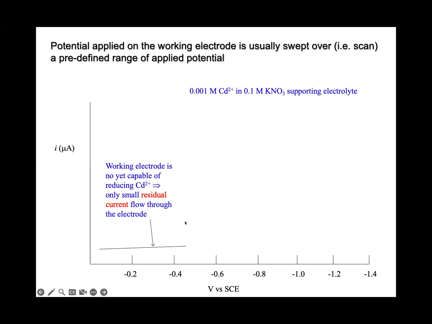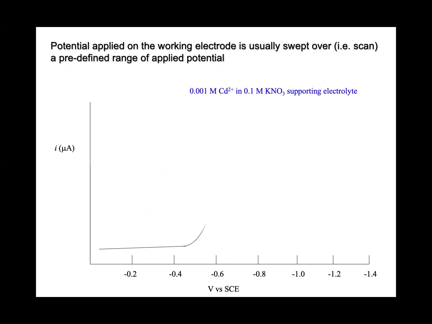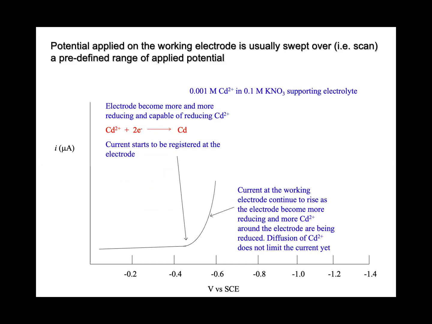Because we also have other electroactive compounds, which are supporting electrolytes and whatnot inside that beaker. That gives some small residual current, but it's okay. We can just subtract this as a baseline current. But once the potential of the cadmium 2 plus is achieved, then cadmium 2 plus will start to be reduced.